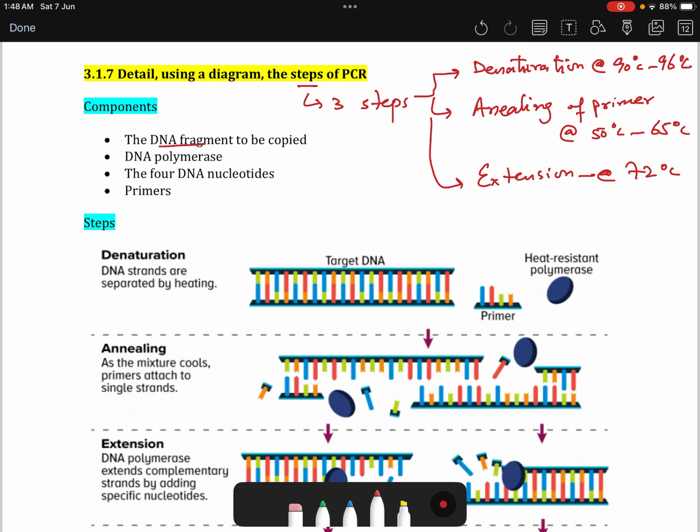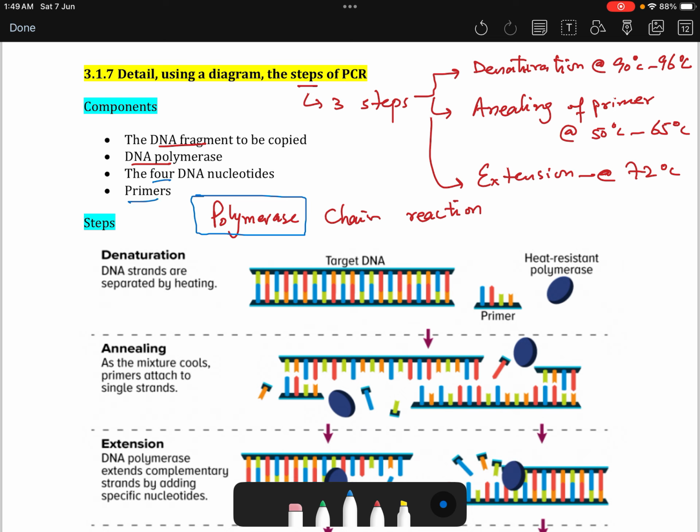You need a DNA fragment, you need DNA polymerase, and the name PCR itself says polymerase chain reaction. So what is the name of the enzyme used in this one? I don't know how many of you couldn't answer in the term 2 exam. It was polymerase. The name itself says polymerase, so I don't know why it's hard to answer. You also need the four DNA nucleotides, and you need primers.